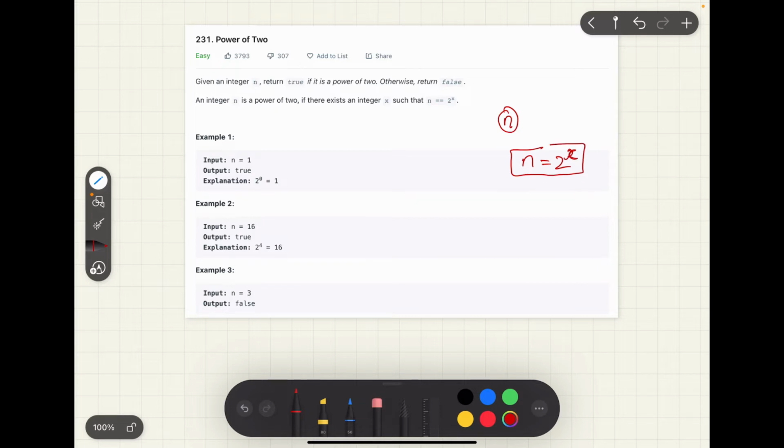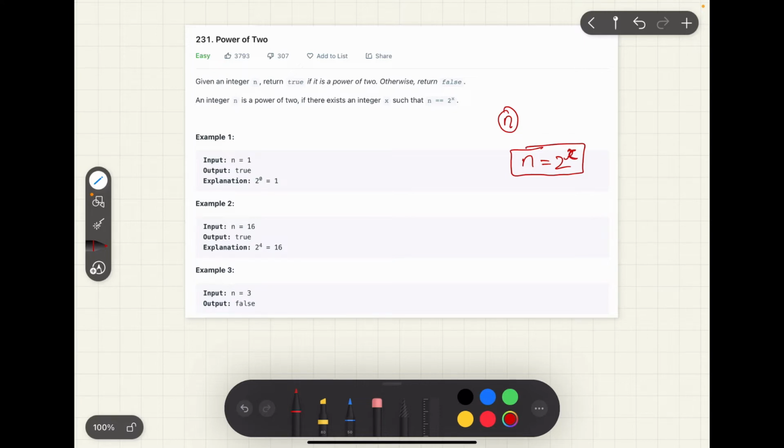Very simple. So at the very first look, an iterative approach might come to your mind: you'll take a current number and initialize it as 1, and start a while loop. Every time this current number is less than your target, you'll multiply it by 2, and as soon as the current number is greater than or equal to your target, you'll break the while loop.